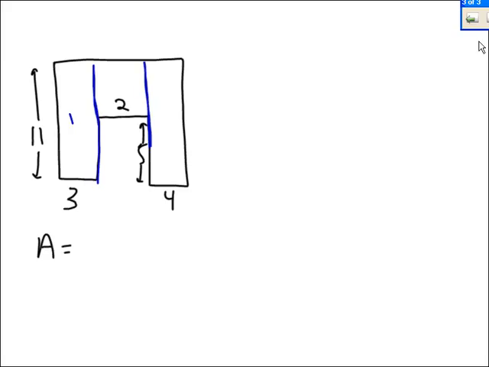So now we have 3 regions, 1, 2, and 3. So the area A is the area of region 1, plus the area of region 2, plus the area of region 3.